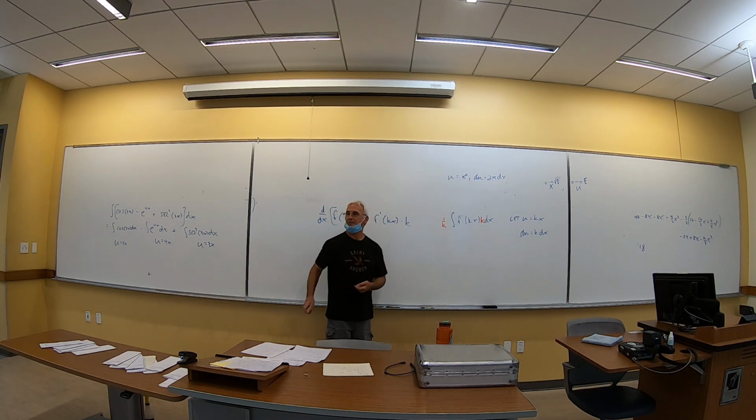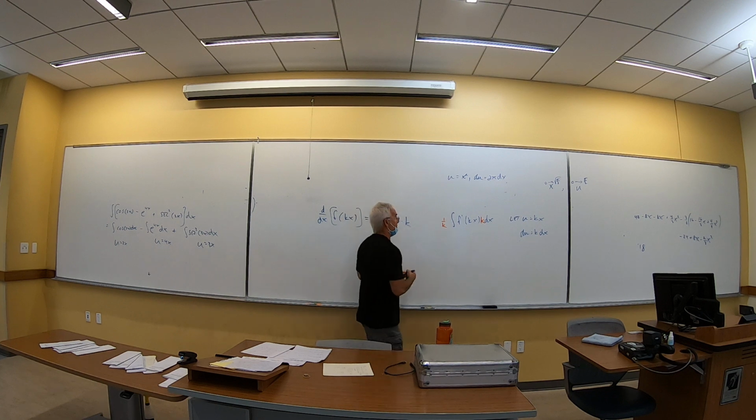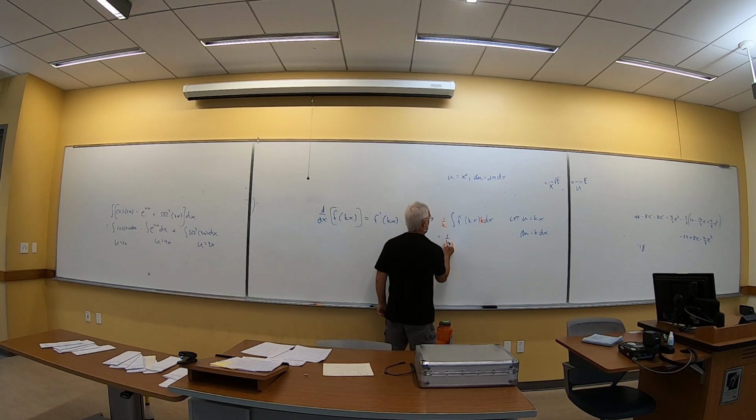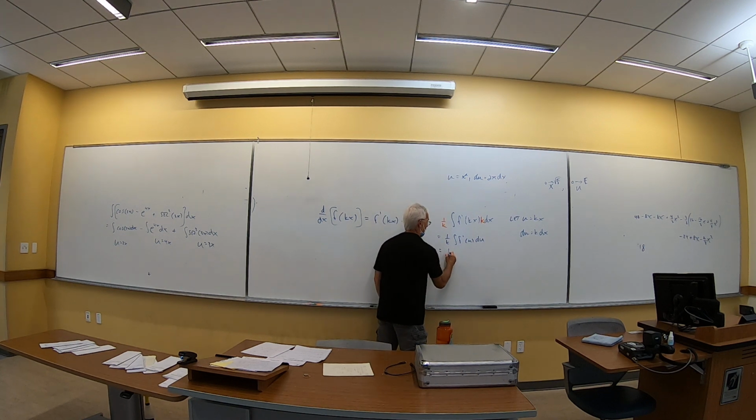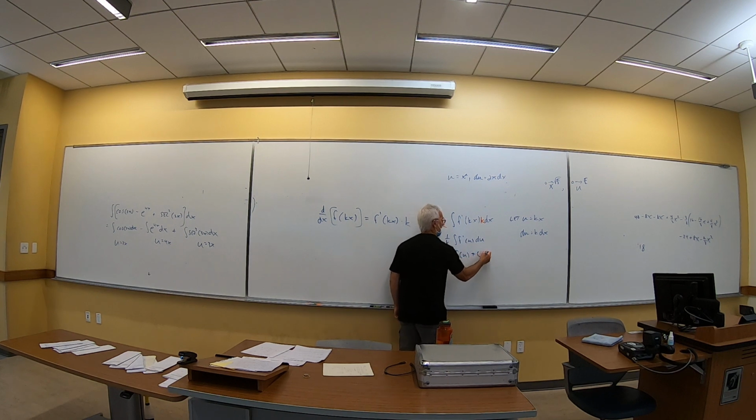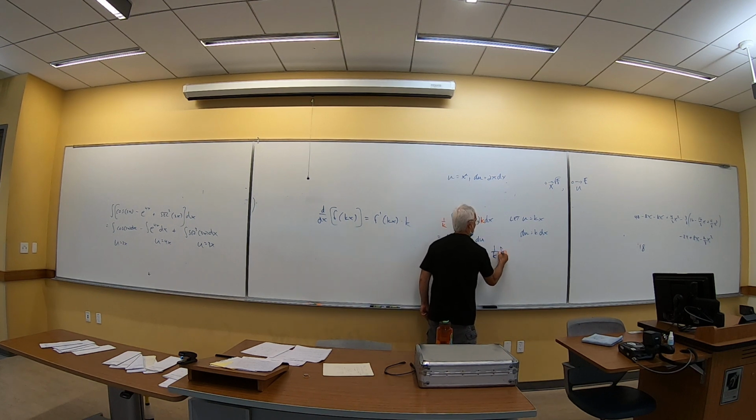Is that correct? Yeah, that's all I can do. So now I've just made this into 1 over k f prime of u du, which is 1 over k f of u plus c, which is 1 over k f of kx.